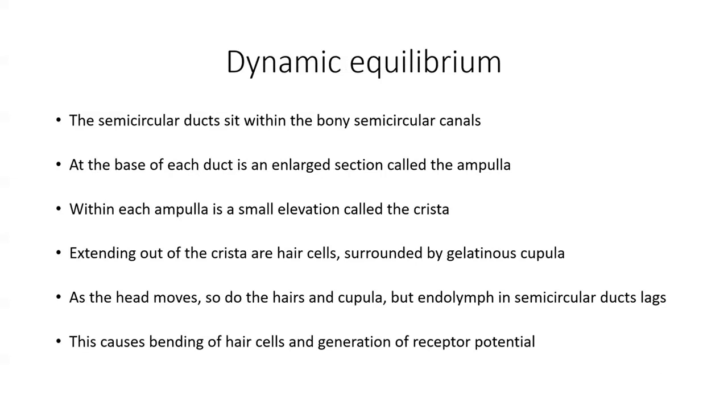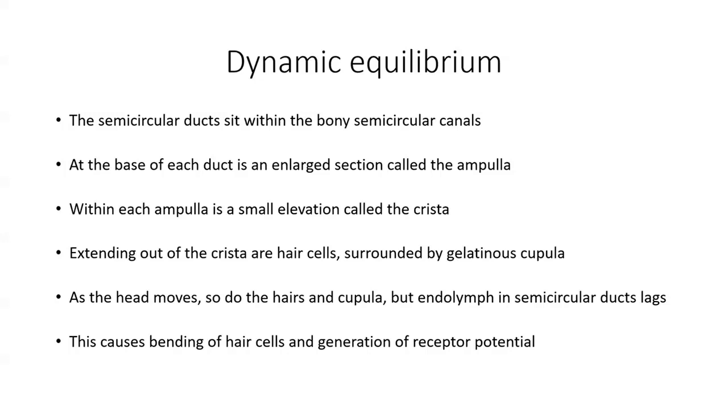For dynamic equilibrium, our semicircular ducts sit within the bony semicircular canals. At the base of each duct is an enlarged or a thickened region called the ampulla. Within each ampulla is a small elevation called the crista.